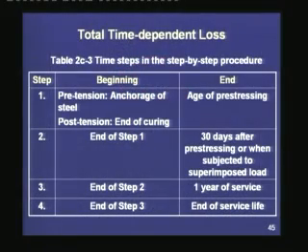The first time step starts with the anchorage of the steel for a pre-tensioned member, and for a post-tensioned member it starts with the end of curing. The end of the first time step is the age of prestressing.